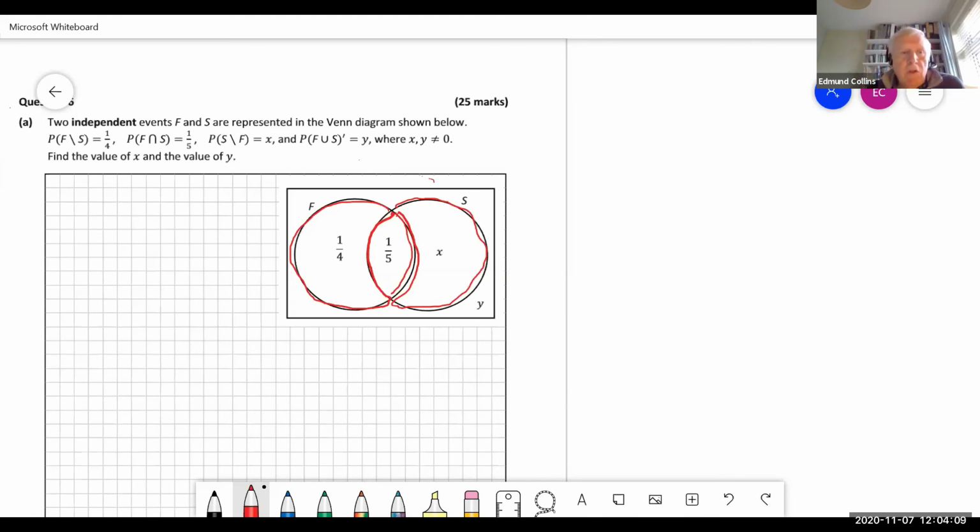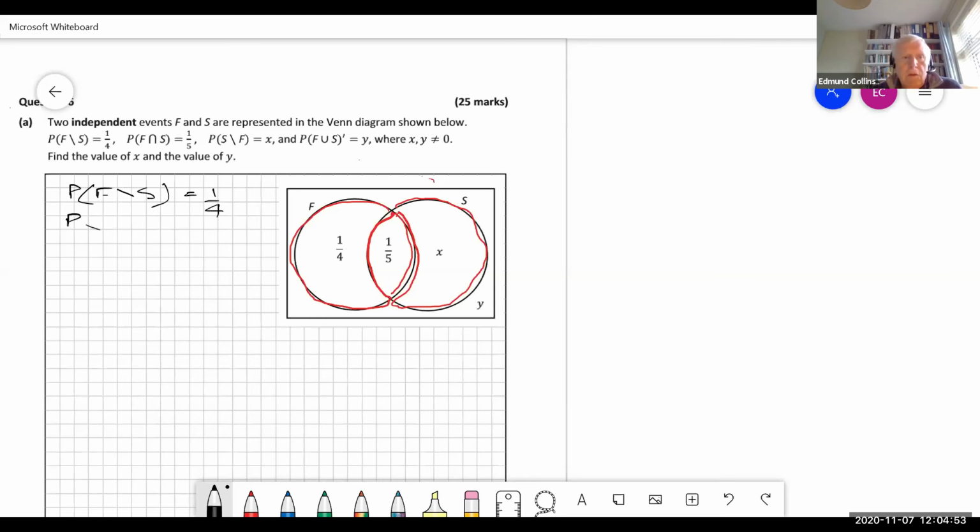So it always helps, even though they've given you that information in the question. I think when you're problem solving, it just helps you to settle into the problem by writing down what you know, what you're given, and just have that in the solution. So I like to do that rather than racing ahead of it. So we're given this: the probability of F not S is 1/4.